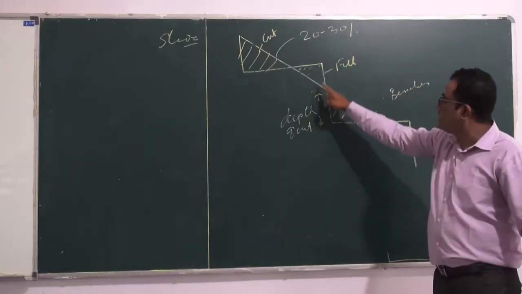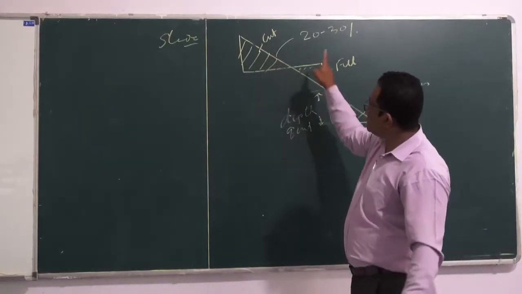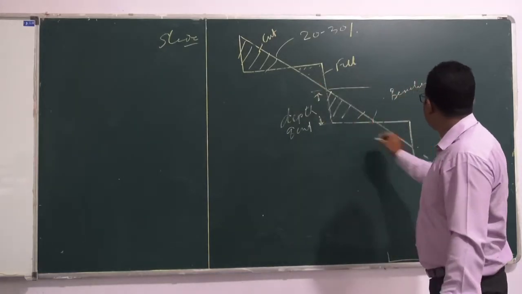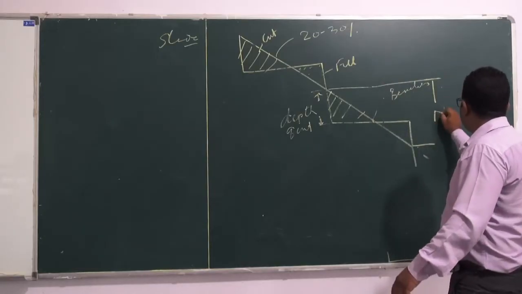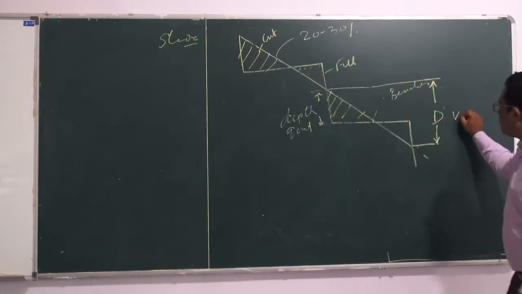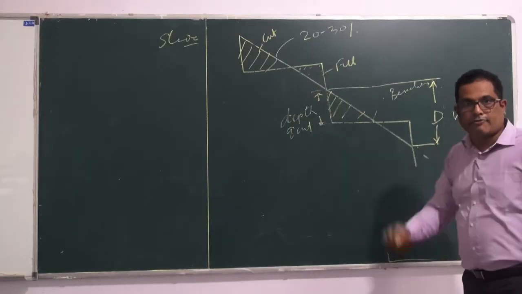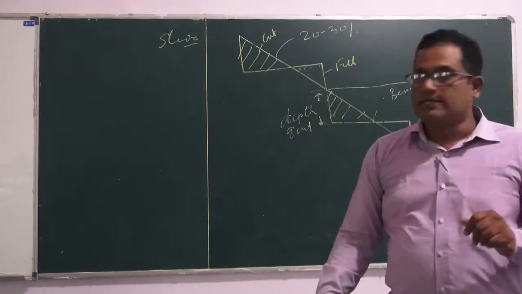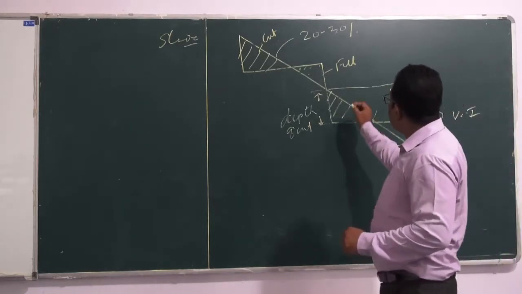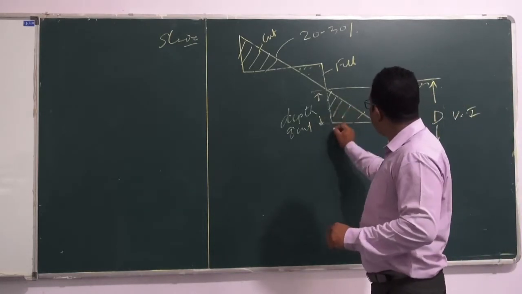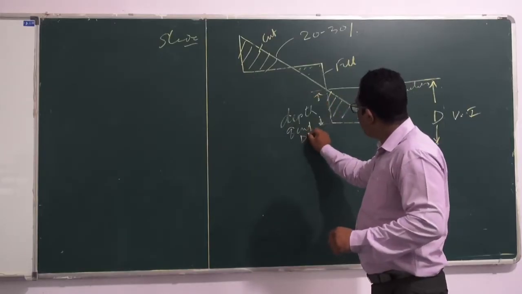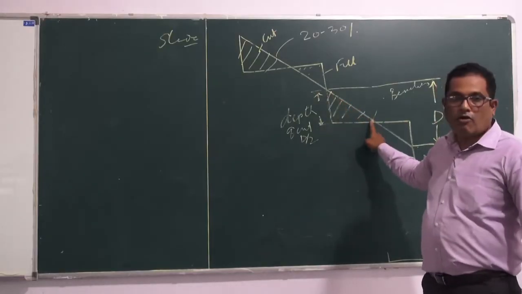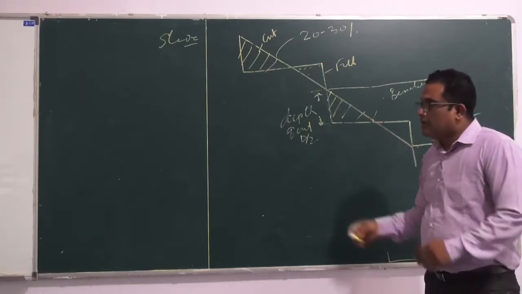We are not cutting the entire depth, because cut as well as fill takes place, and your total depth is the cut plus the fill. This is also called the vertical interval, VI, or the spacing between two bunds. The depth of cut will be d by 2, because d is the vertical spacing; cut will be half of the spacing between two bunds.